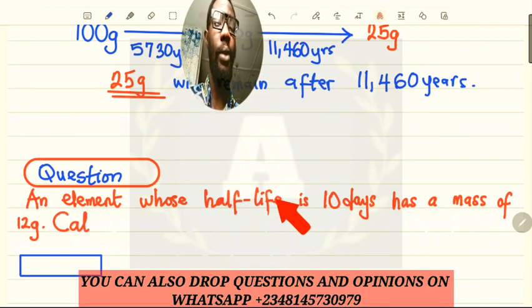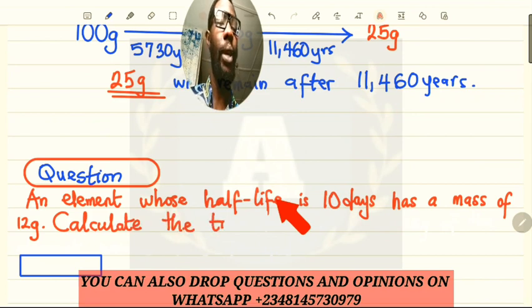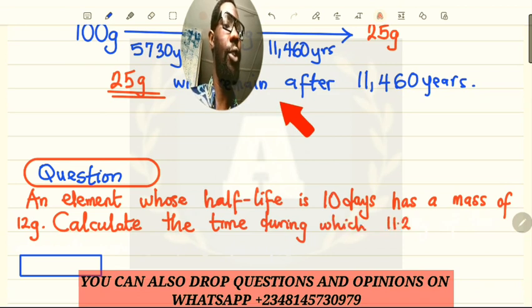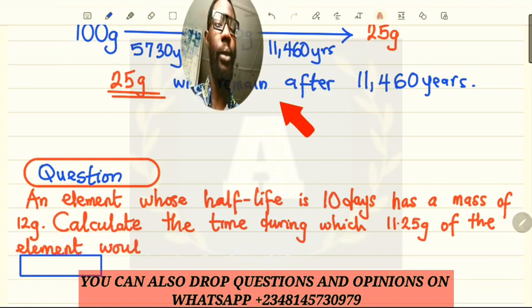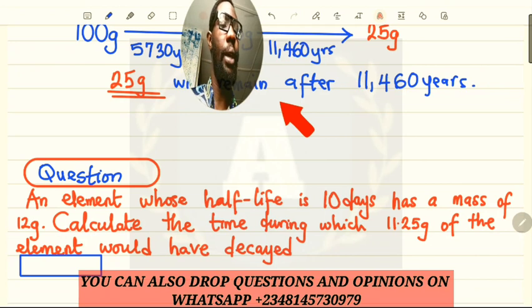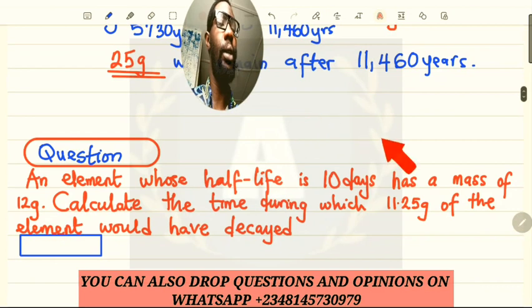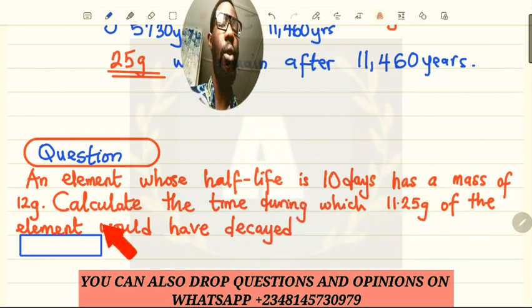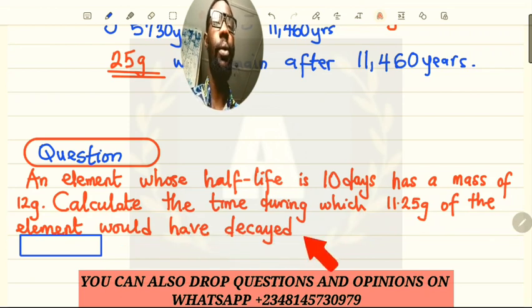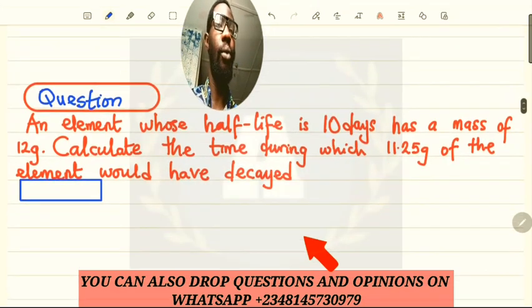We are asked to calculate the time during which 11.25 gram of the element would have decayed. So we want to look at the time the sample will have decayed.